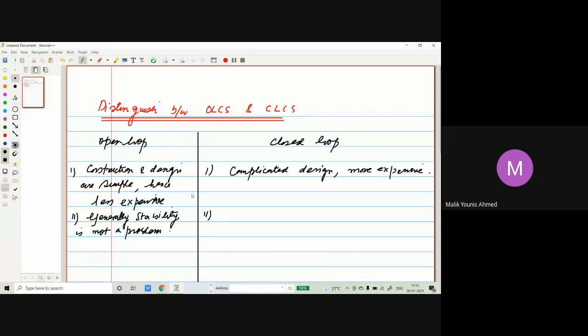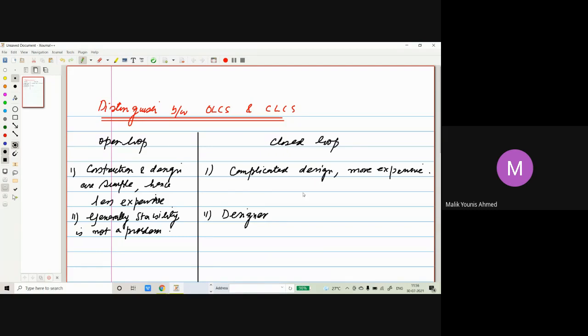The designer should carefully design this closed loop control system, because there is always a tendency for this system to become less stable. So designers should be careful, because it's a complicated system and there will always be a tendency to become less stable.